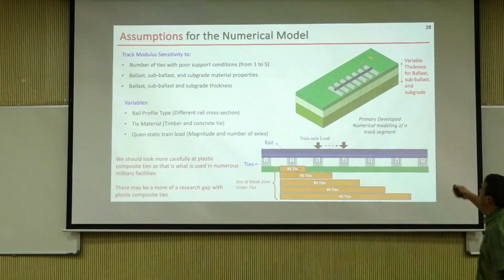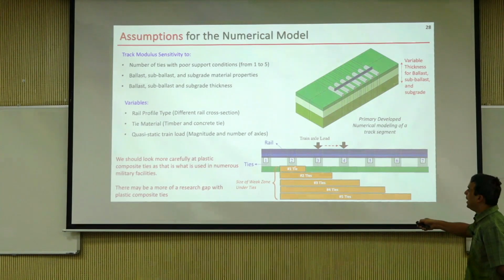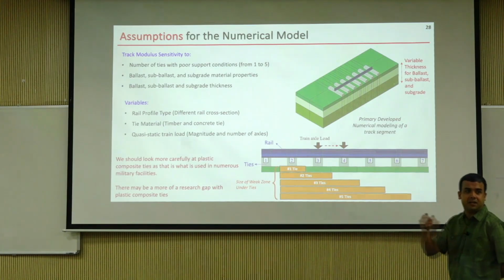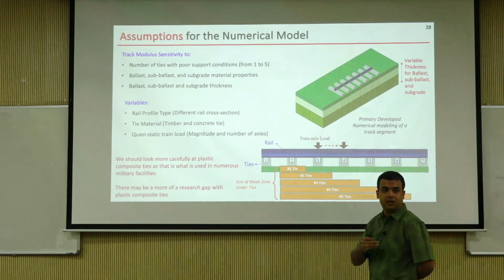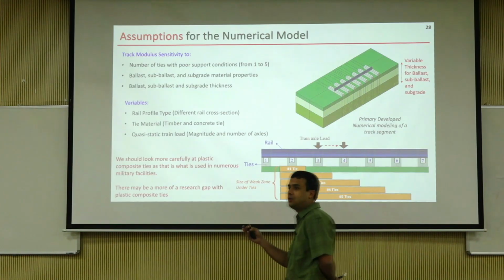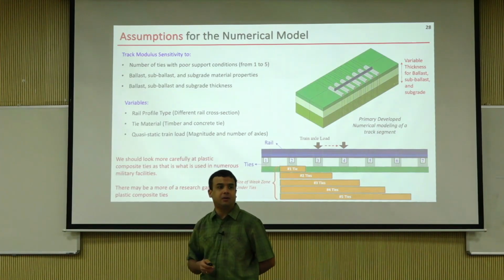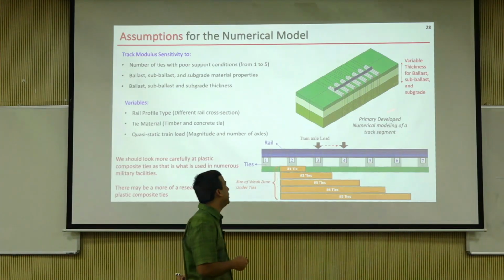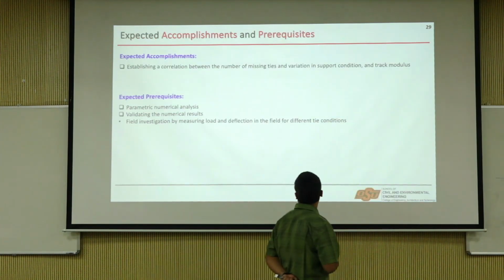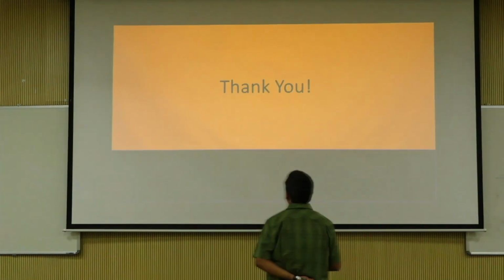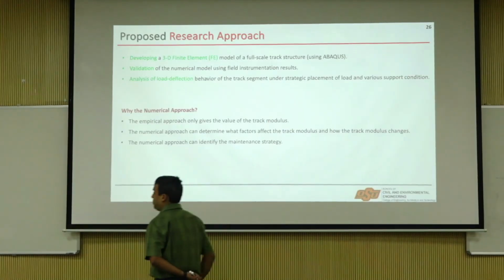This is an FEM, and we have 1 tie, 2 ties, 3 ties, 4 ties, 5 ties. We're actually simulating the weak zone gradually increasing, because we can't do that in something like GEOTRACK right now. That weak zone is not possible. So that's studying the effect of modulus. That's pretty much it.